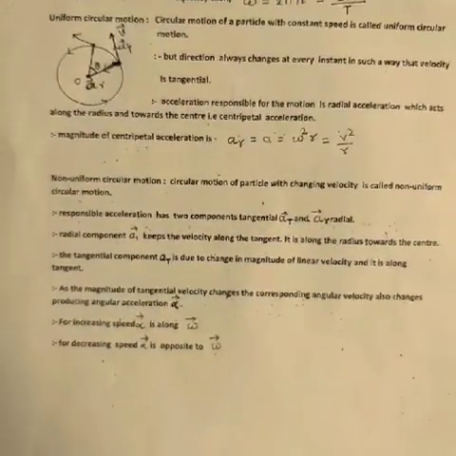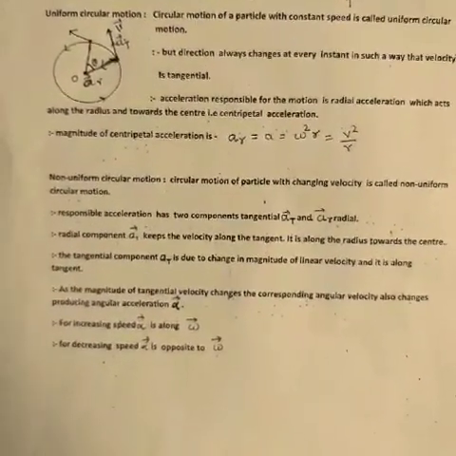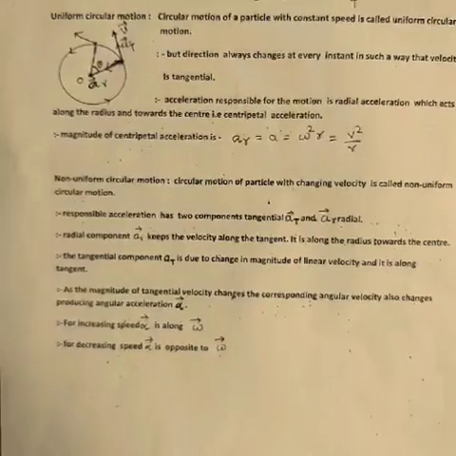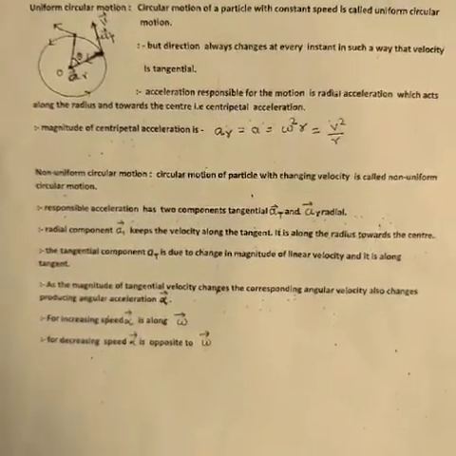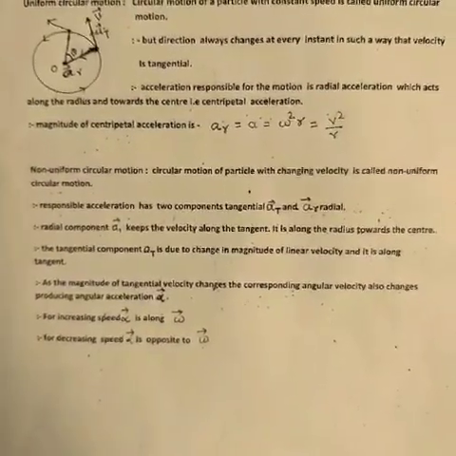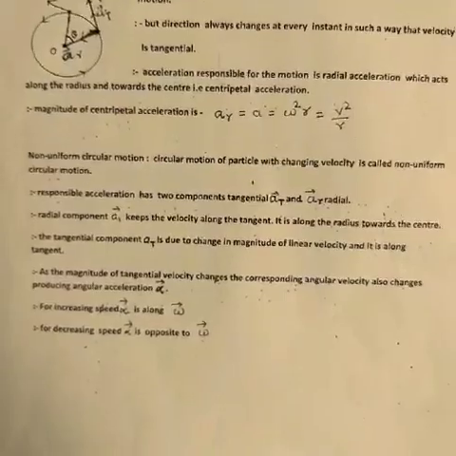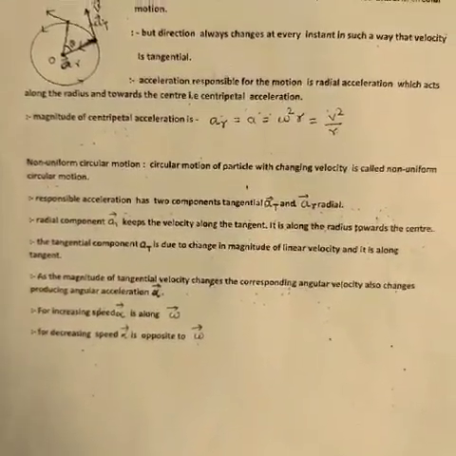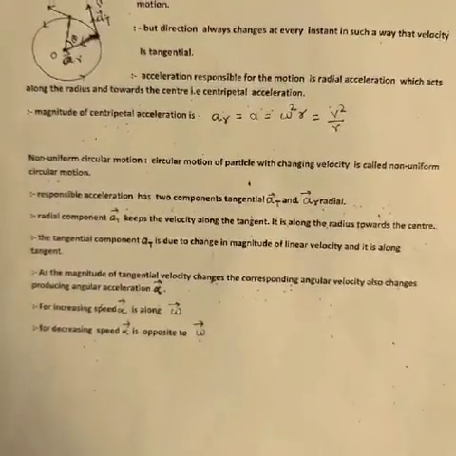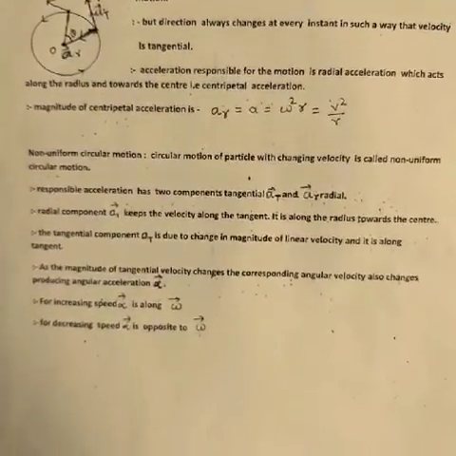In uniform circular motion, even though the speed remains constant, there is always change in the direction of the velocity, and the velocity remains always tangential. The acceleration responsible for this motion is called radial acceleration.